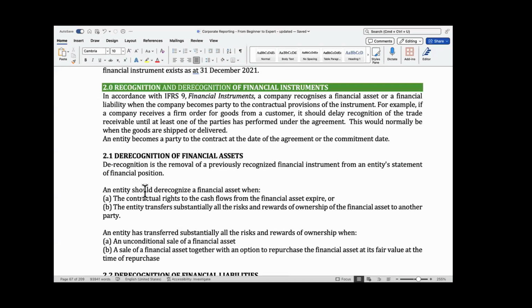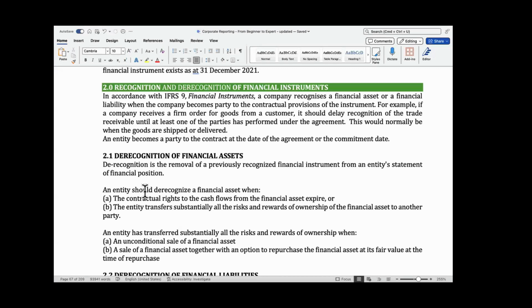We established the fact that whether either of the parties has a financial asset, financial liability, or equity, the recognition criteria is the same. Whenever an entity becomes a party to the contract, go ahead and recognize the item in the books of accounts.